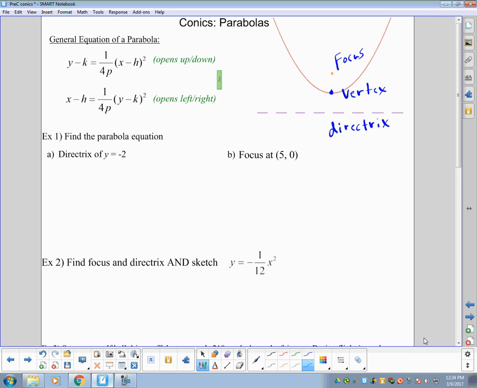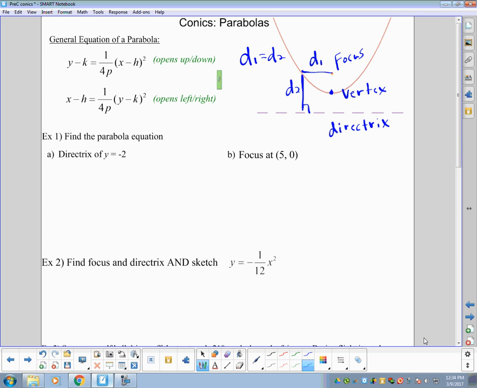And the definition of a parabola is that the distance from the directrix to a point on the parabola, of course perpendicular from the directrix, and back to the focus, this distance d1 and d2, those are always equal.